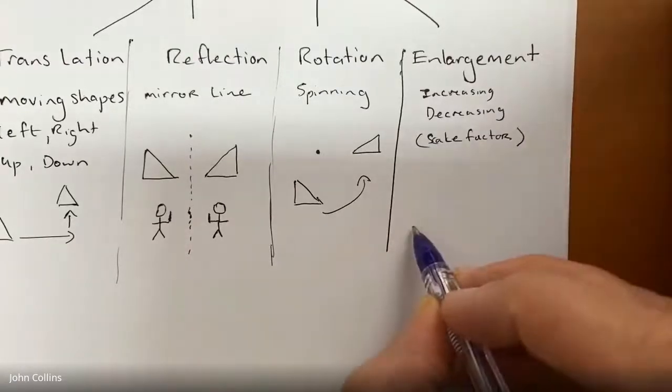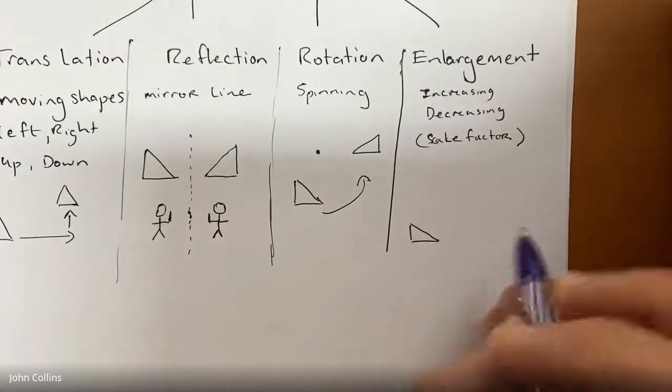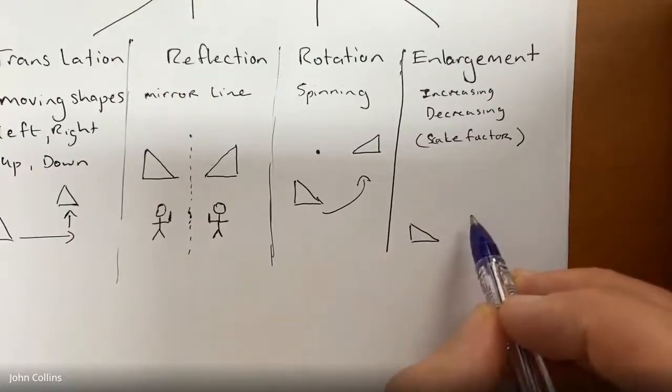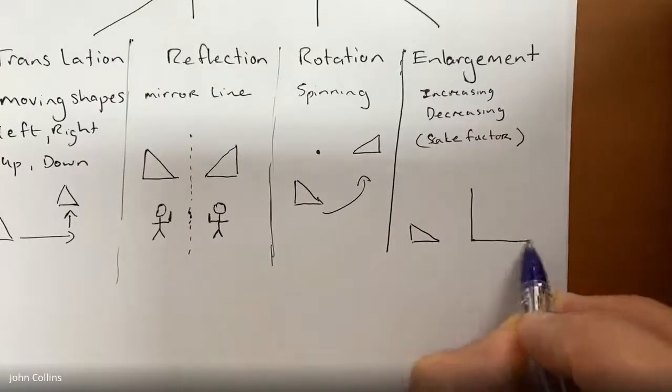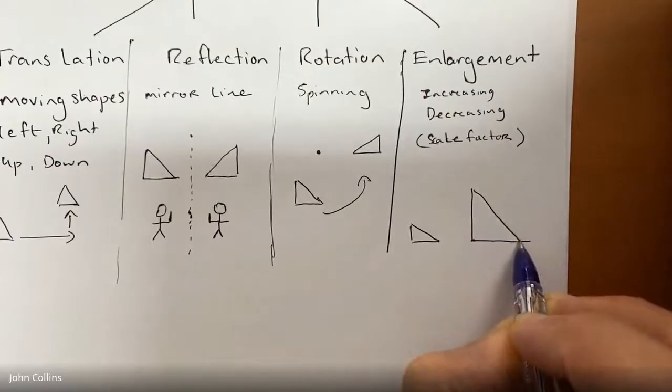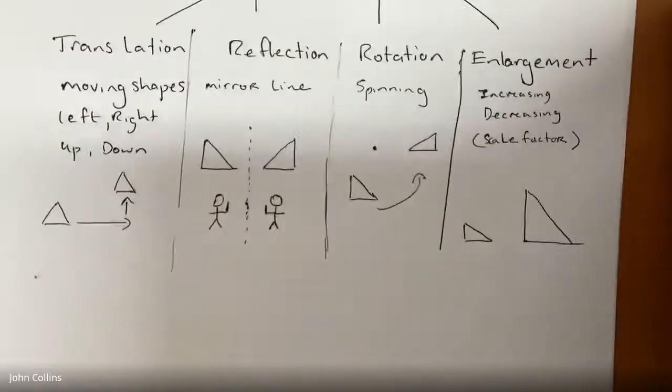Okay, so if the original is small, and then the scale factor is to say 3 times bigger, this will be 3 times bigger. So go from there to there.